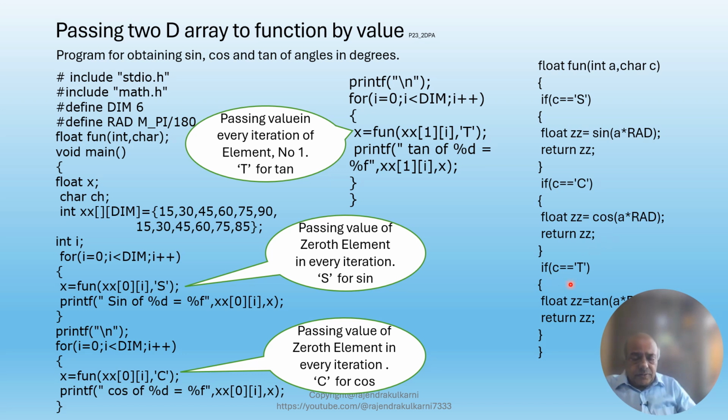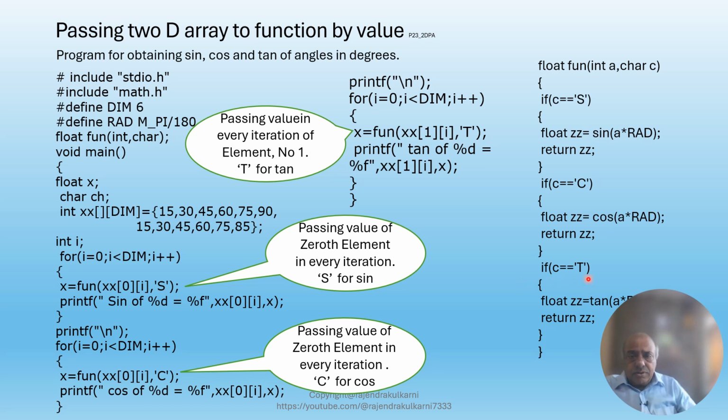Similarly, for tan, when we call the function with T as one of the characters which we will be passing to the function, C is equal to T will be true.